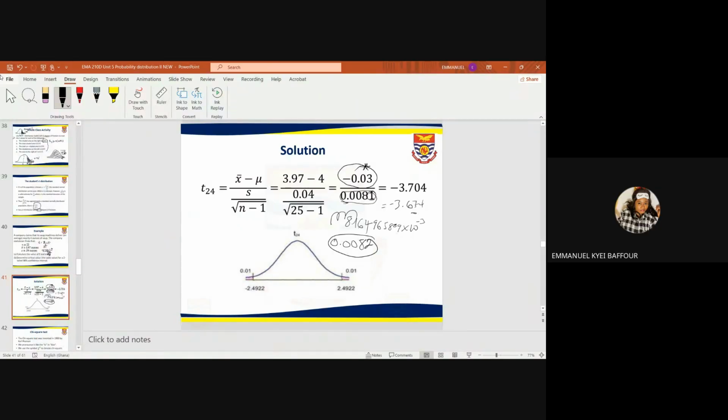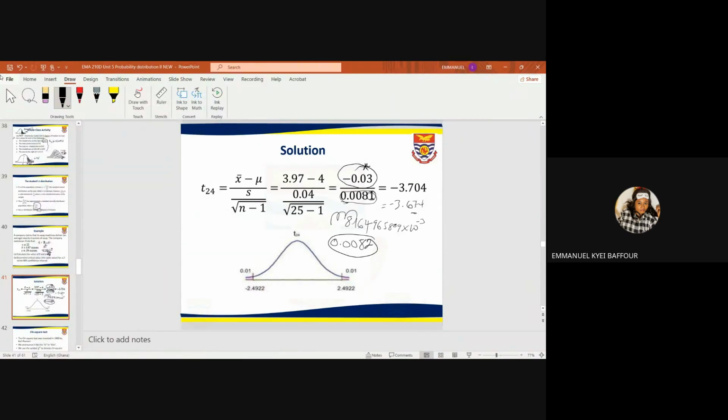So depending on the kind of task that you've been faced with, if it is Z distribution, you will know that your sample size is greater than or equal to 30. You have the population mean given. You have the population standard deviation given.